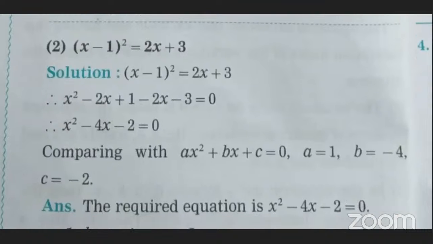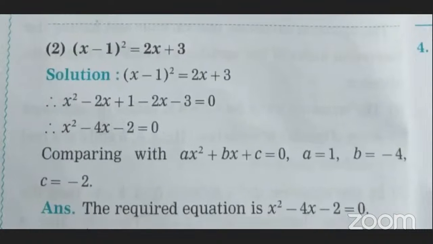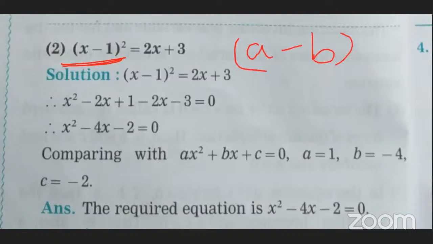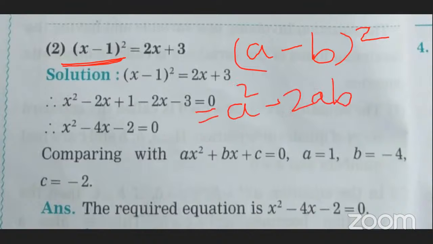Question number 2, x minus 1 whole square. So this is showing the formula a minus b whole square. This formula a minus b whole square equals to a square minus 2ab plus b square.